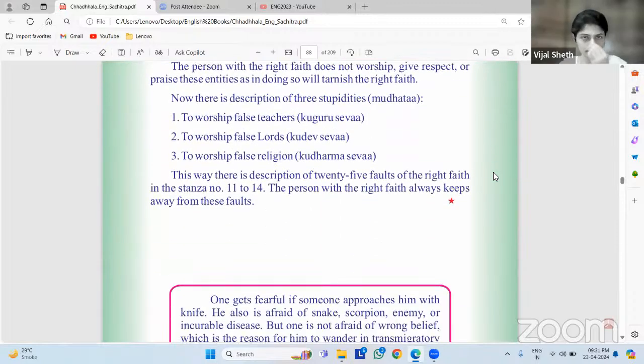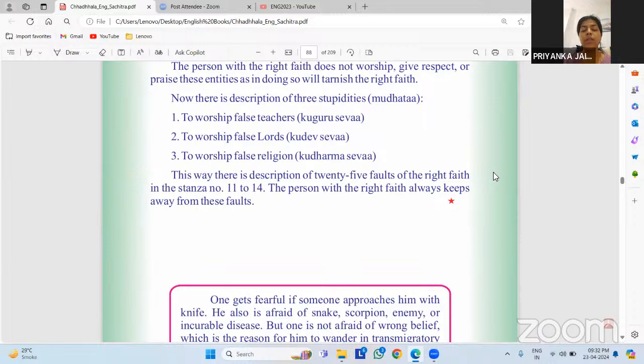Read the person. The person with the right faith does not worship, give respect, or praise these entities, as in doing so will tarnish the right faith. Now there is description of 3 stupidities, or mudata: to worship false teachers, kuguru seva; to worship false lords, kudev seva; to worship false religion, kudharma seva.